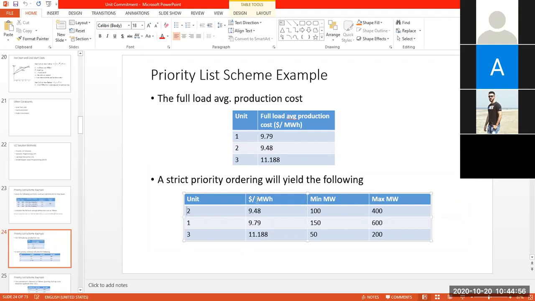Then I update the list, shuffle the places as required by the priority. Then I just include their minimum megawatt and maximum megawatt as mentioned in the example. These two columns are simply taken from the problem statement.